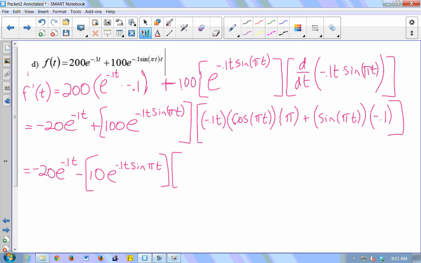Okay, so I factored out the negative 0.1. So all I'm left with here is pi t times the cosine of pi t. And in the next term, I factored out the negative 0.1, so I'm just left with a sine of pi t.